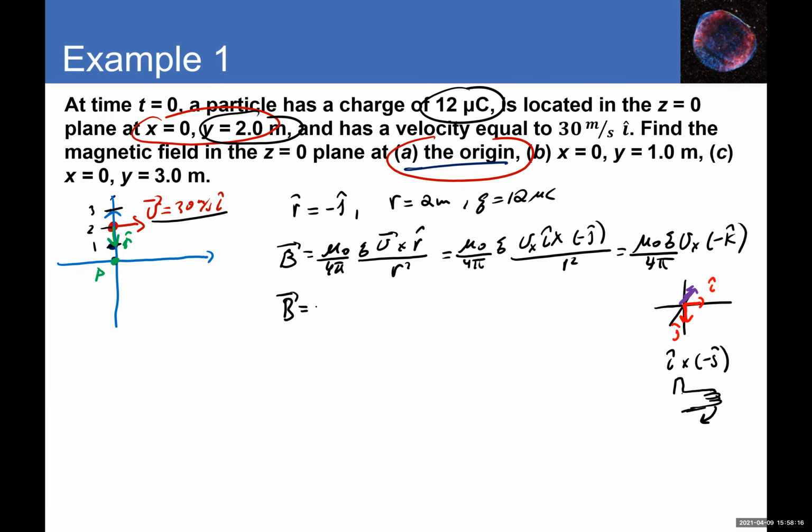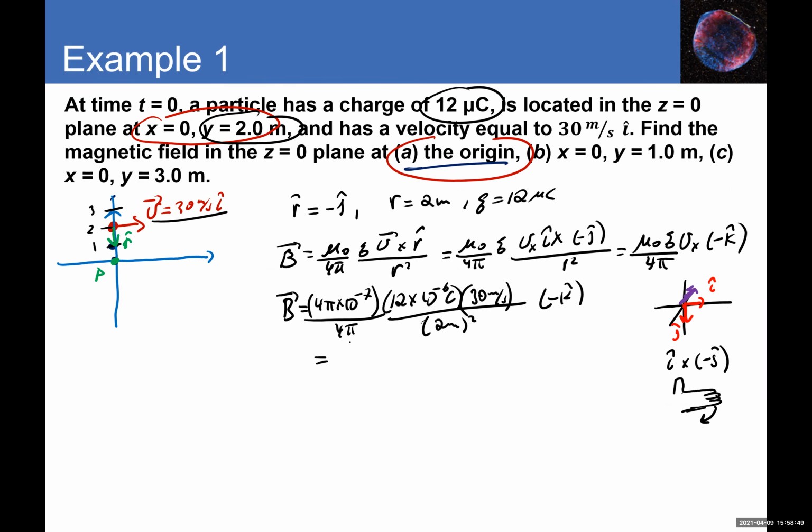So mu naught is 4 pi times 10 to the negative 7, divided by 4 pi. Then Q, which is 12 times 10 to the negative 6 Coulomb. Then V, which is 30 meters per second, then divided by R squared, which is just 2 meters squared, then negative K hat.